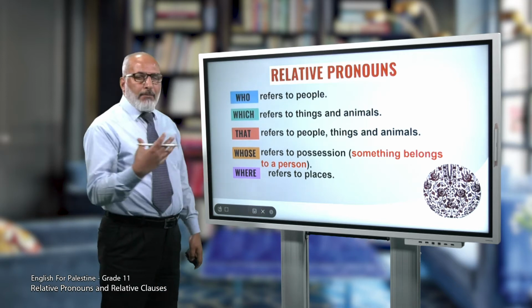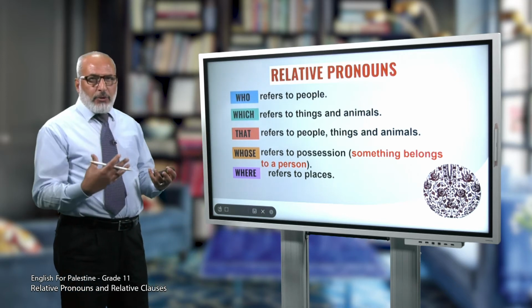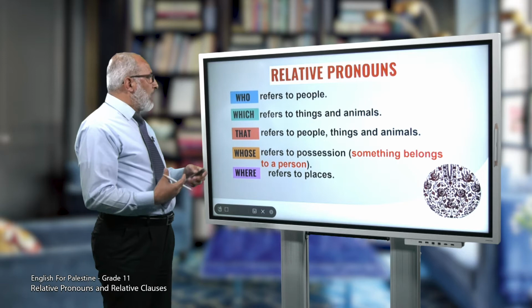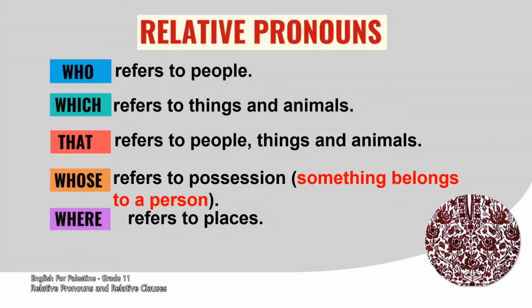Let's now see some of the relative pronouns in your books. Number one is the relative pronoun who. Who refers to people. Which refers to things and animals. That refers to people, things, and animals, so we can use that instead of who or which.